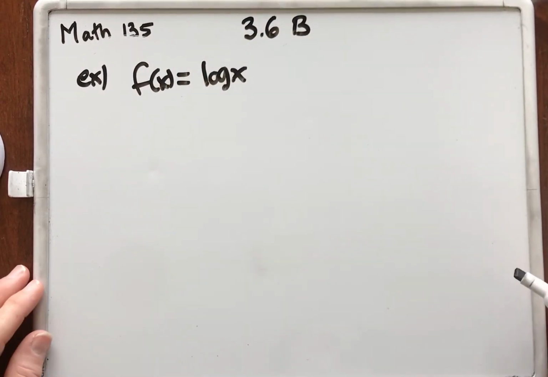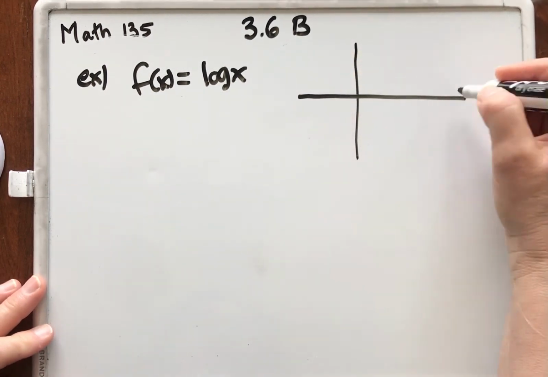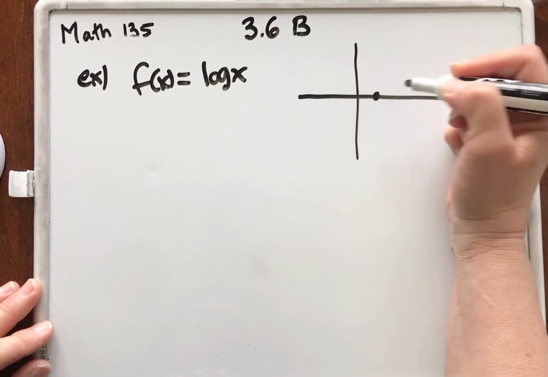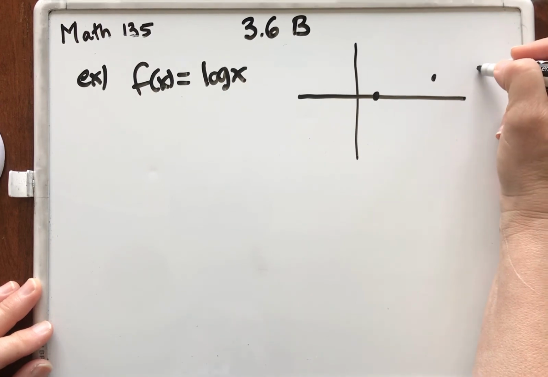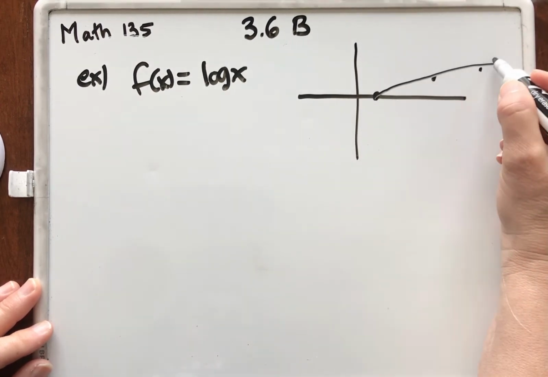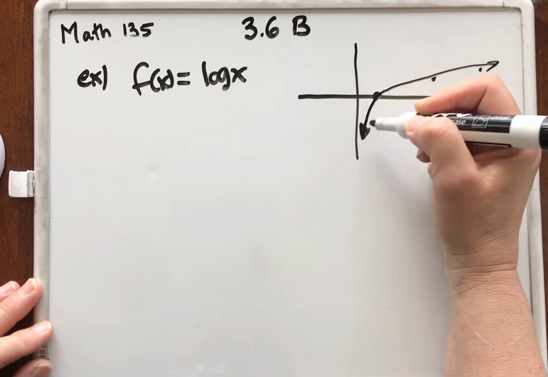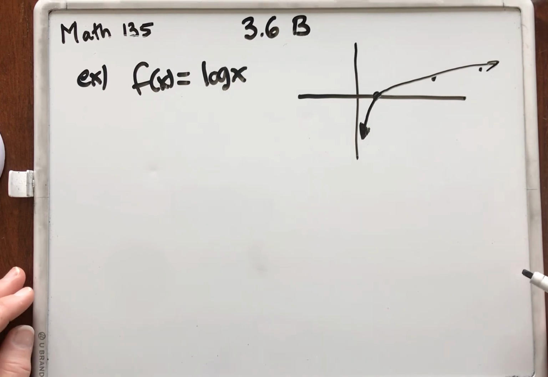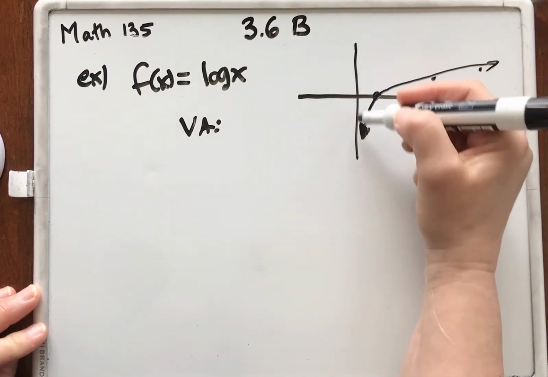Okay, if we were to graph log x, remember log of 10 is 1, log of 1 is 0, log of 100 is 2, and it grows slowly like this, and it approaches the y-axis. It never gets there. So what is our vertical asymptote in this picture? Our vertical asymptote is x equals 0.